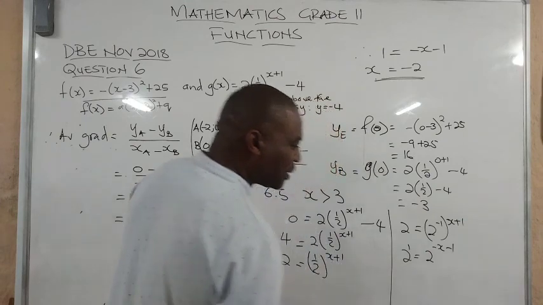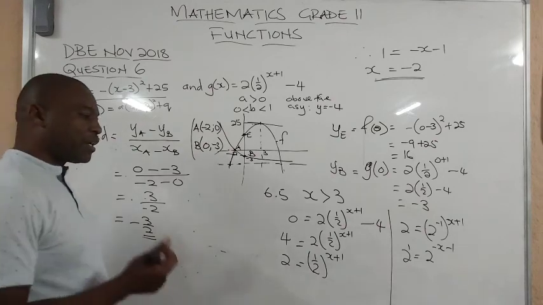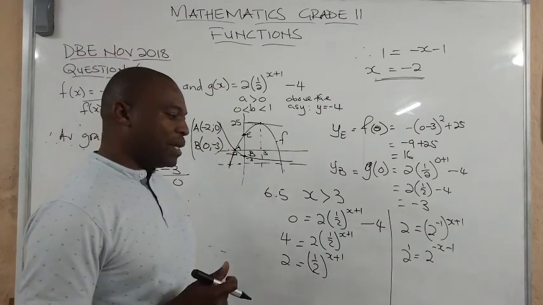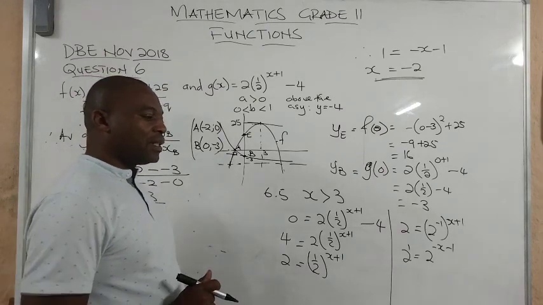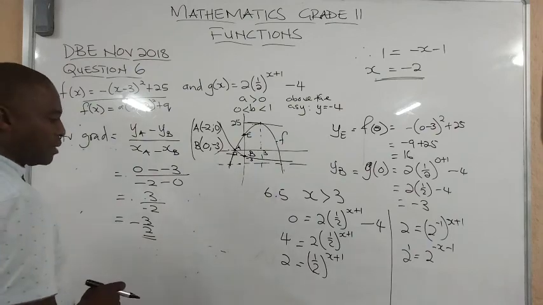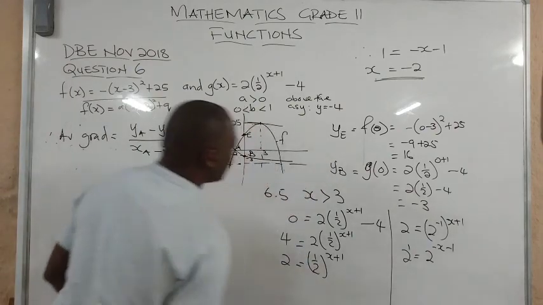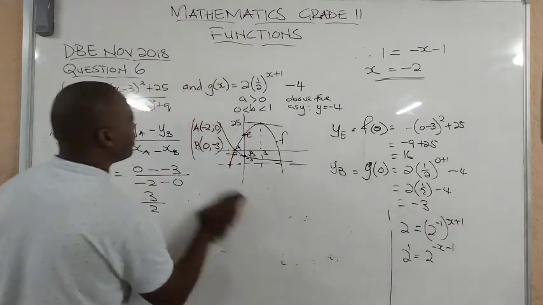Then moving on to 6.7. Graph T is obtained by reflecting g about the x-axis. Write down the range of T. Now we may need to understand transformation of graphs.